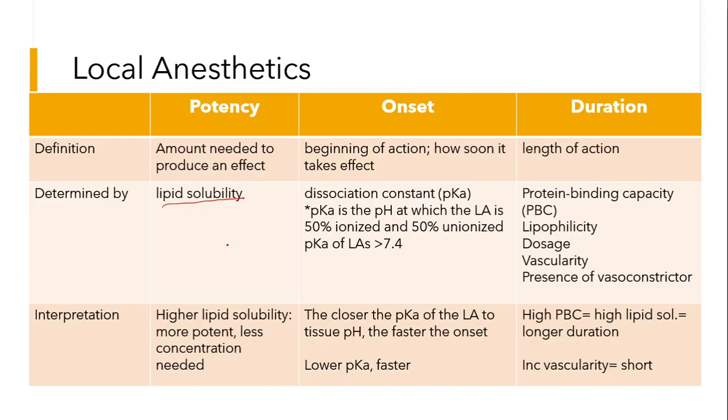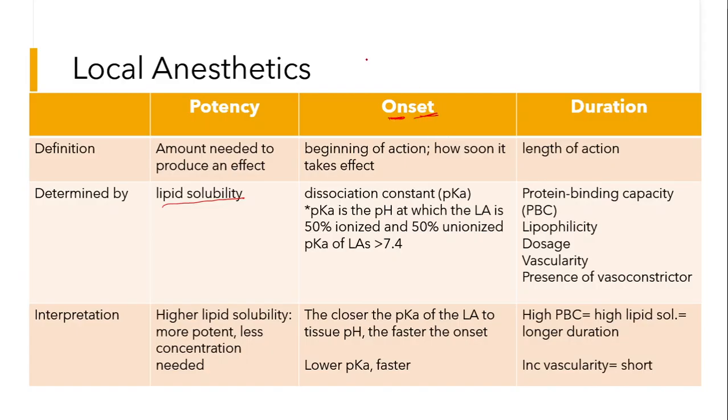Now onset. When we talk about onset, it is defined as the beginning of an action, or to say it more plainly, how soon would it take effect? Okay, that's onset. When does it begin?